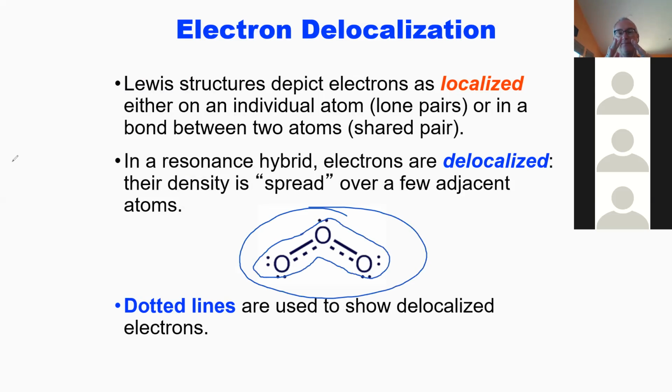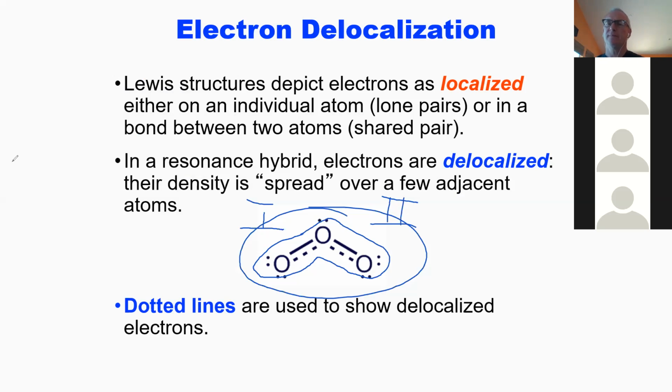It's bent, and these bond lengths are exactly the same, meaning this is bond 1 on this side, and this is bond 2 on the other side. One isn't a single and one isn't a double. They're in between, about a bond order of 1.5, because these bond lengths and angles are exactly the same. That wouldn't be true if one was a single bond and one was a double bond.